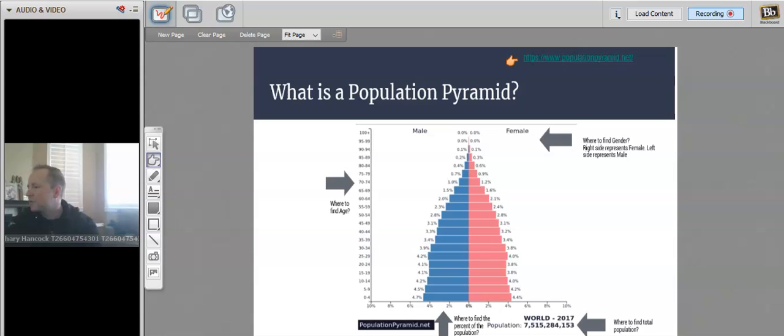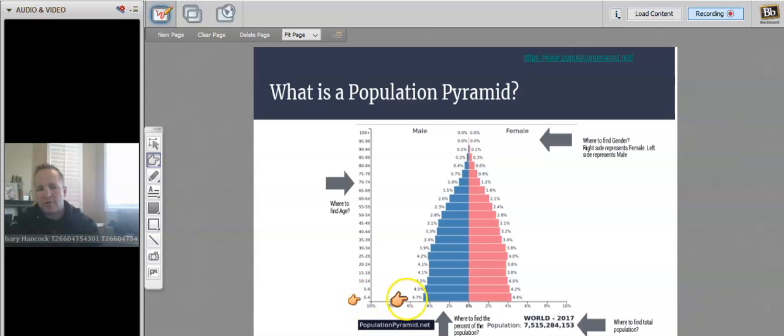Okay, so maybe you've seen them before. That's great. What is 4.7% of the population is male? So if you look, I don't see a 4.7. I see a 4.2. Oh, right there, at the bottom. So what this means, this is the world population that we're looking at right now. Very good question.